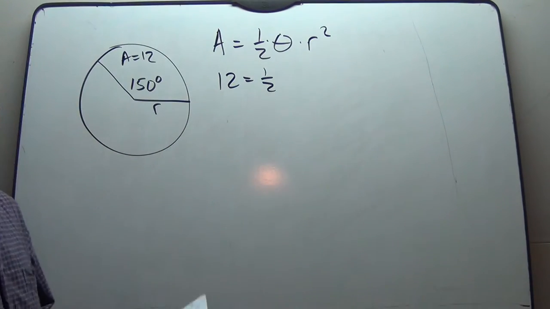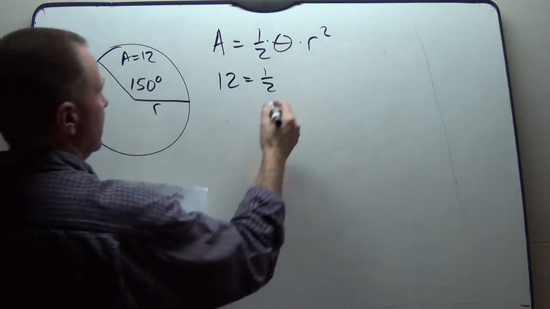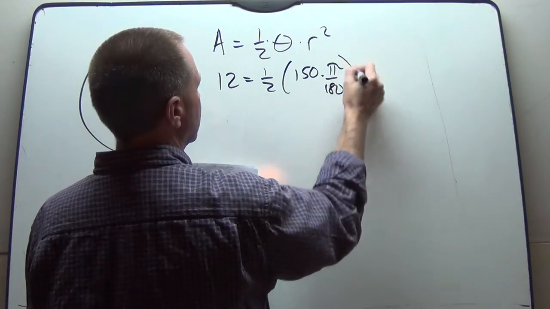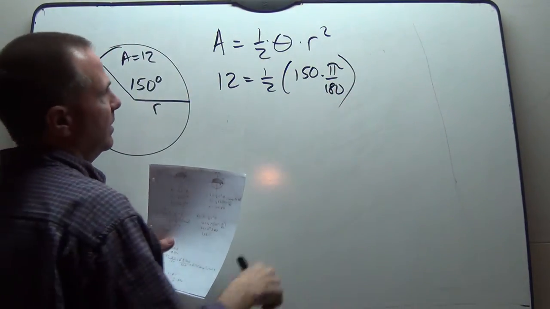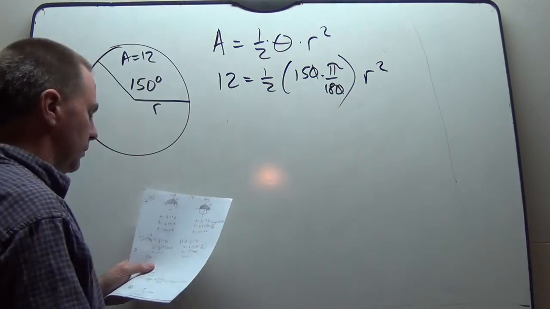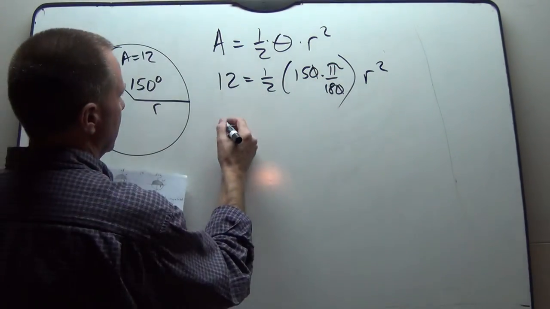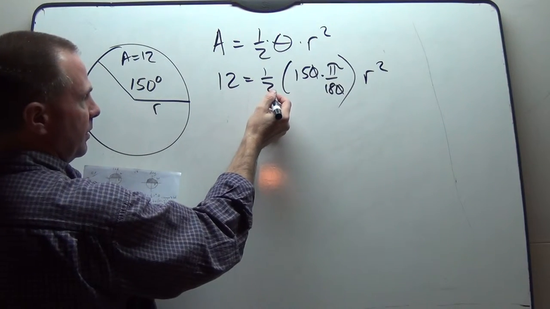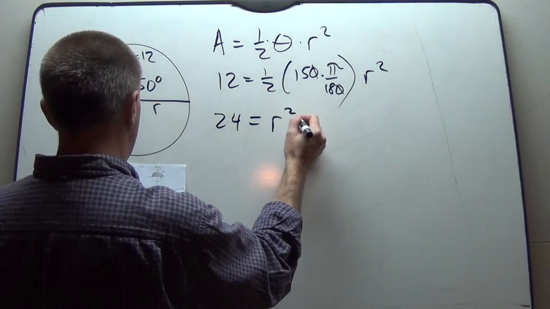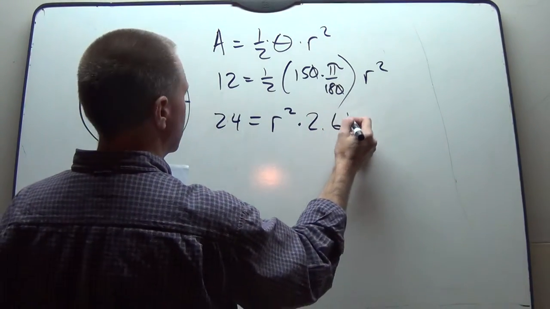Theta, we have to convert from 150 degrees, so you need to take 150 times pi over 180, times r squared. So we divide that out, reduce it down, and multiply both sides by 2 to get rid of the fraction. We get 24 equals r squared times 2.618.